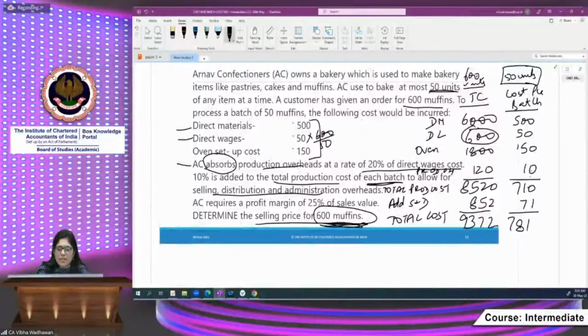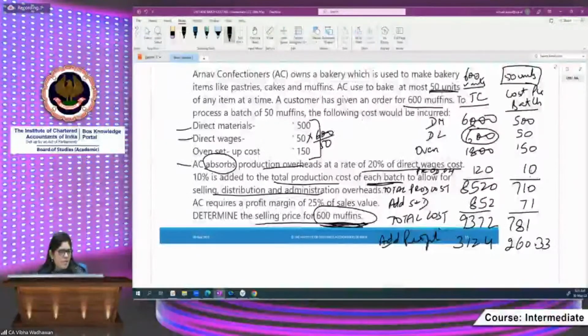Profit is 25% of sales, but you have to calculate on cost. So add profit. Profit comes to 3124, and per batch is 260.33.